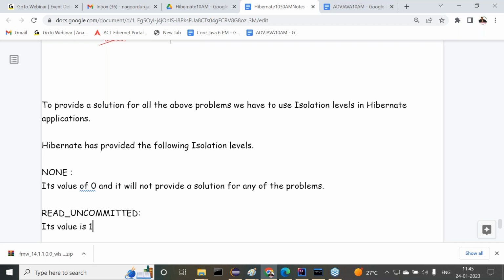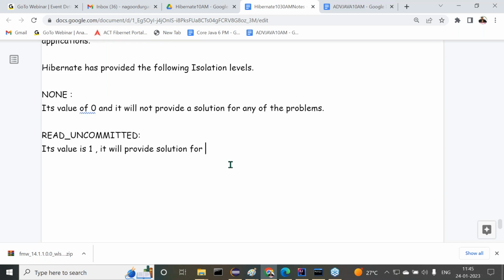Its value is 1. It will provide a solution for, say for example, the lost update problem.